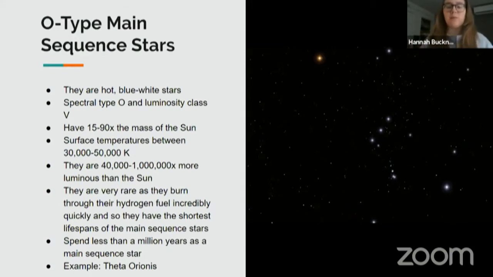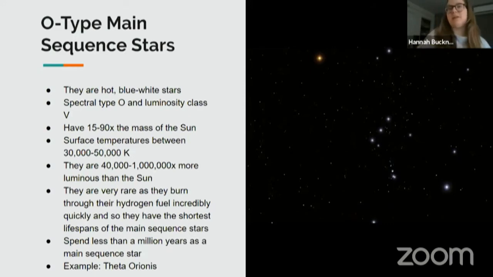So as I was saying with O-type stars, because they're so massive and they go through their energy core very quickly, they live very short. As we saw, their abundance was a fraction of the universe. They're so rare because they burn through it so quickly.